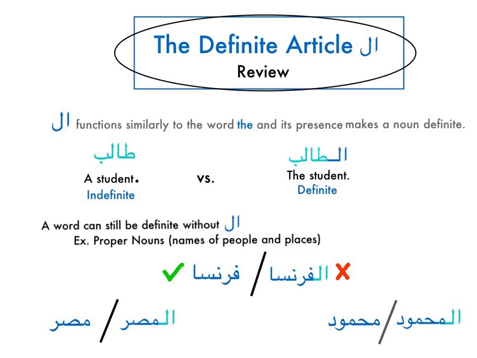We don't say the Egypt. Mahmoud, it's a proper noun. We don't say the Mahmoud, just as you wouldn't say the Robert. So Mahmoud, Masr.